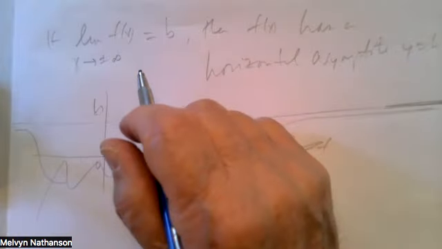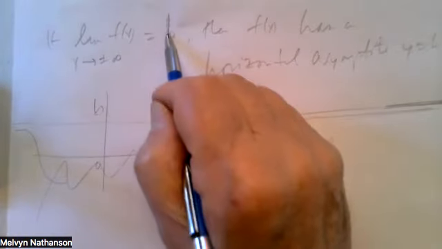And it doesn't matter whether you're talking about the positive direction or the negative direction, whether you're going to plus infinity or minus infinity. We have this idea of a horizontal asymptote. Or if I use the notation of the book, if the limit of f of x as x goes to infinity is equal to L, then the horizontal line y equal L is a horizontal asymptote.